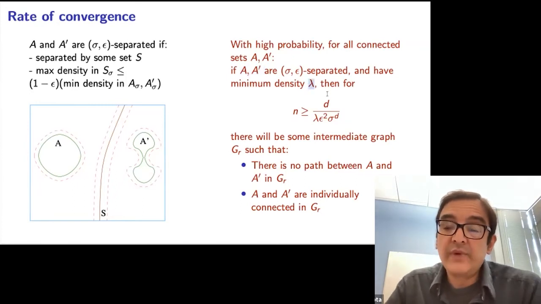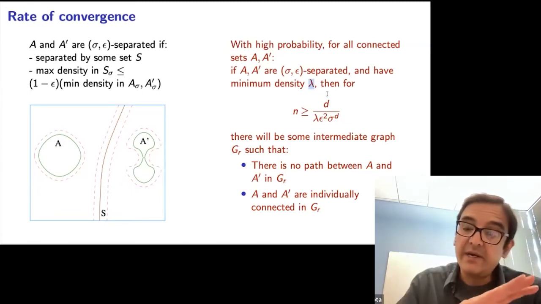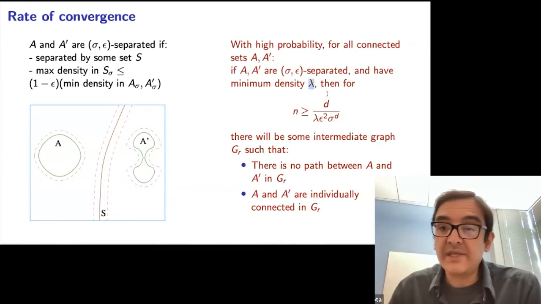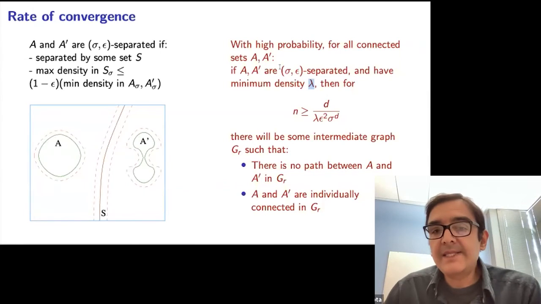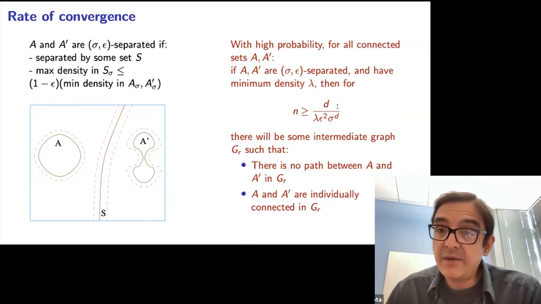So within A, the density level is greater than or equal to lambda, and likewise with A prime. And let's say that they are sigma epsilon separated. Then when the number of data points exceeds this value, they will be distinguished by the hierarchical clustering.